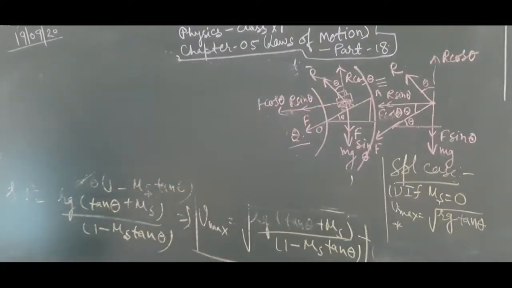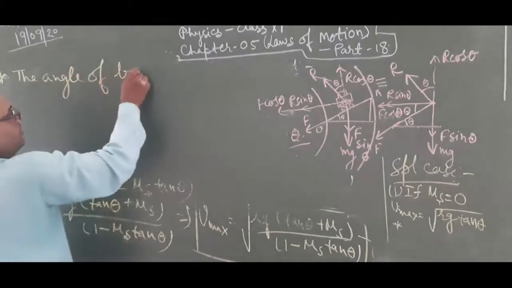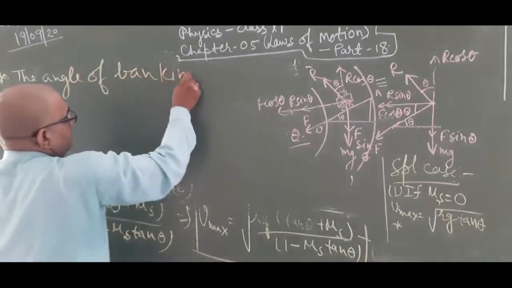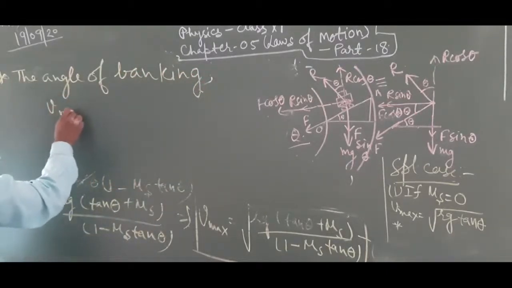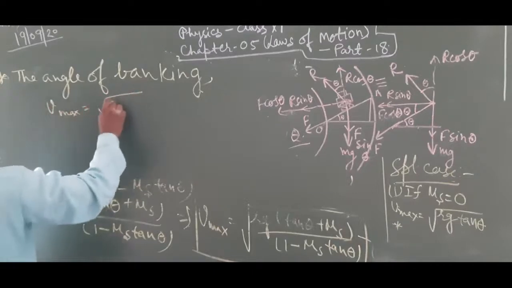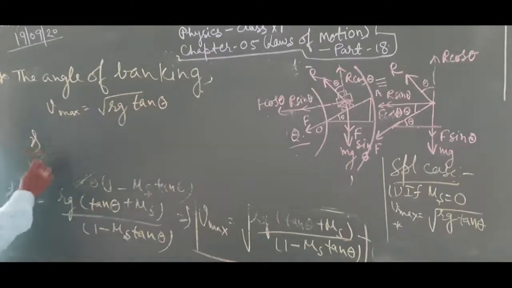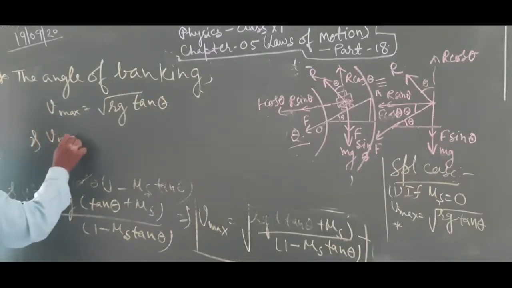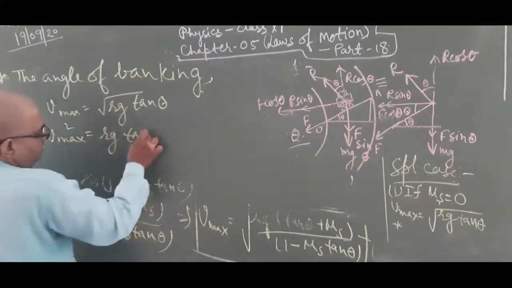So we have derived the condition: Vmax is equal to root of Rg tan theta, and from here Vmax square is equal to Rg tan theta.